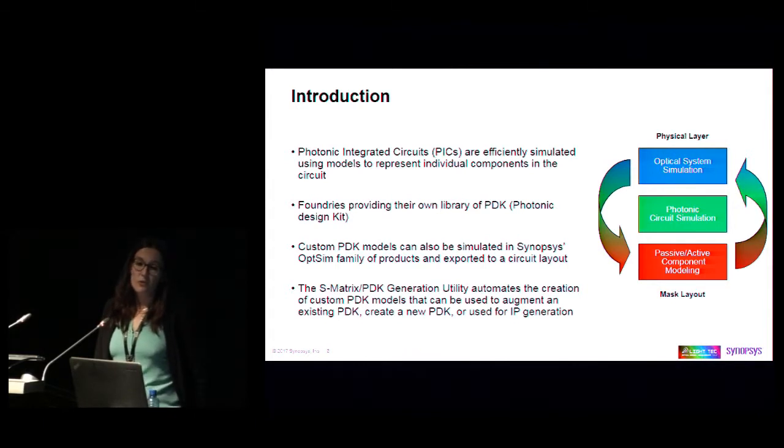In order to simulate a PIC, photonic integrated circuit, we need some tools, of course. From the point of view of efficiency, it's well known that models can efficiently represent individual components of a PIC.